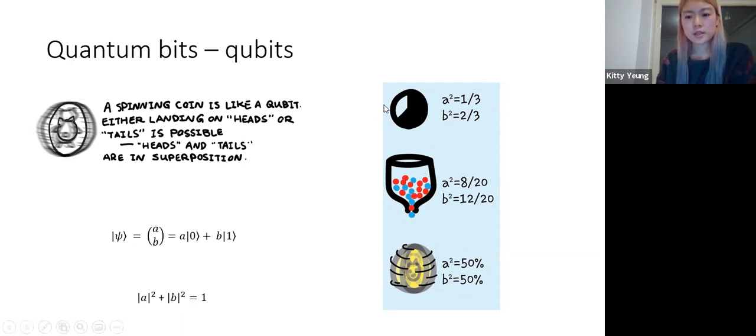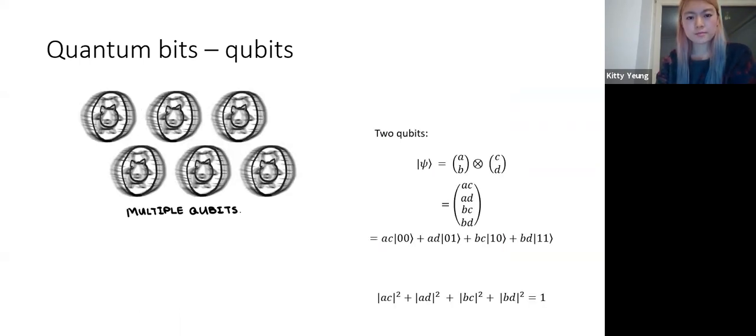So this is a simple way to represent a qubit. It is a linear combination of two possible states. If you have multiple qubits, you can do the same thing like before and take a tensor product between different qubits. If you have 2 qubits, you do this tensor product again and you get 4 different amplitudes.